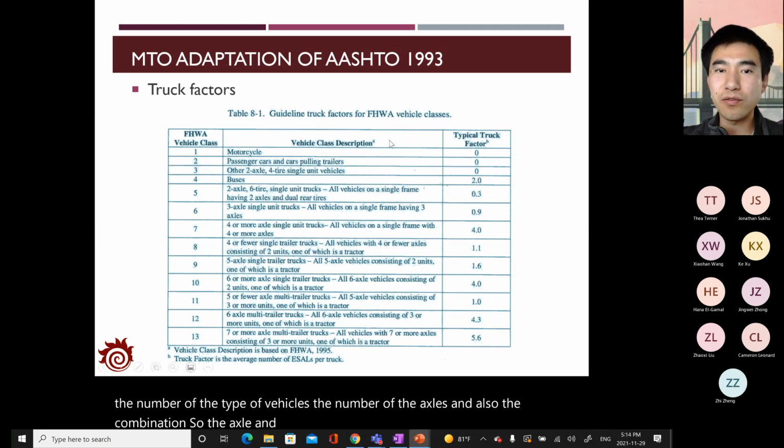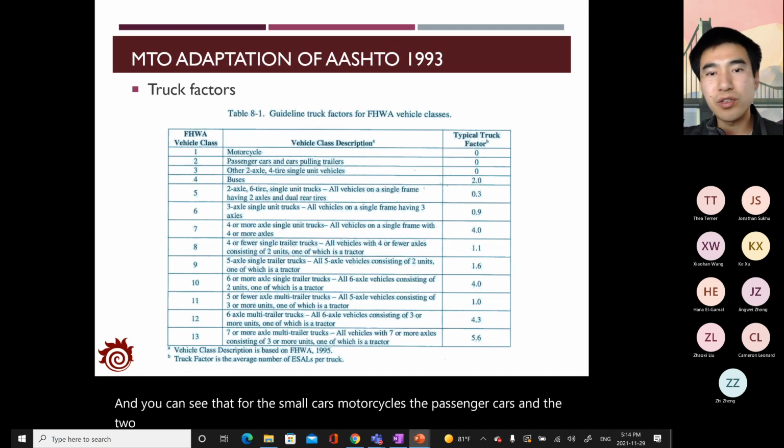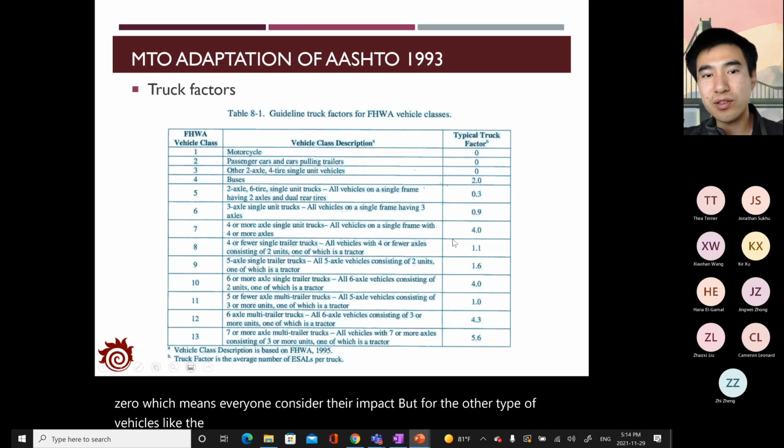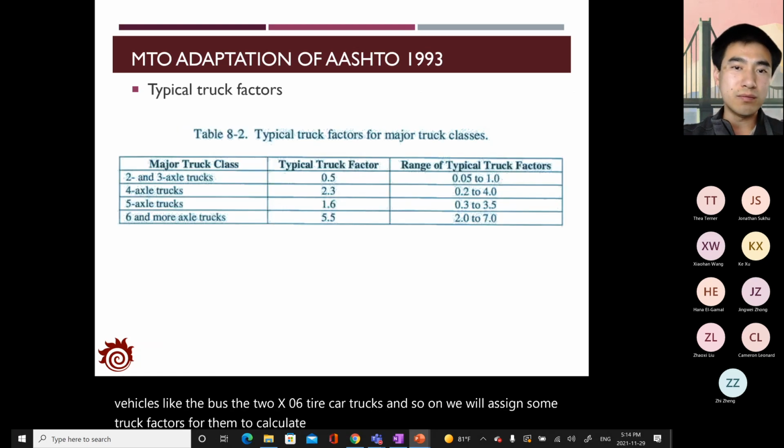You can see that for the motorcycles, the passenger cars, and the 2-axle, 4-tire single unit vehicles, the truck factor will usually be set at 0, which means that we won't consider their impact. But for other types of vehicles like buses and the 2-axle, 6-tire trucks, we assign truck factors to calculate the ESAL.